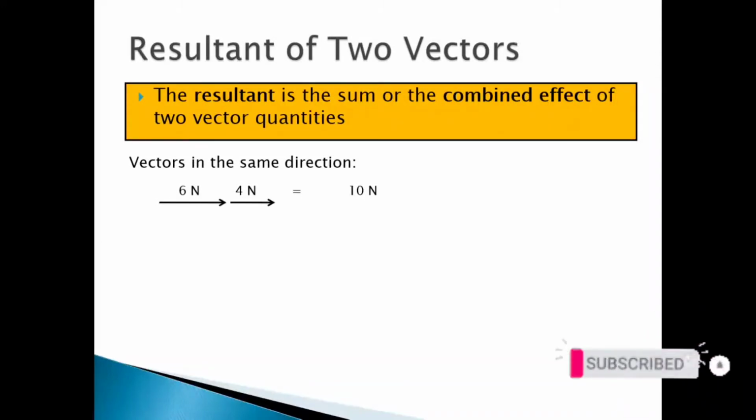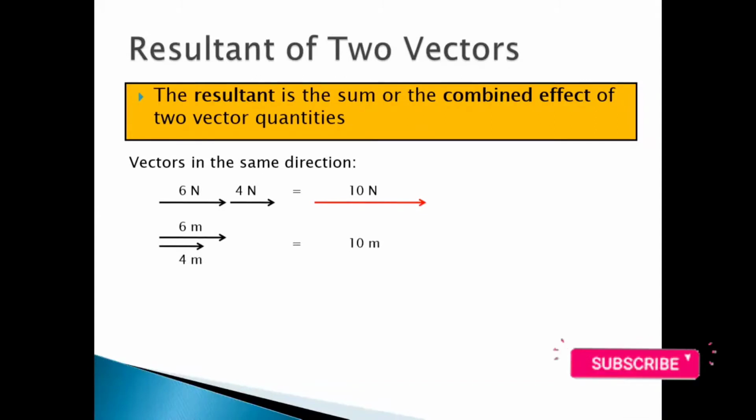If you have the same direction, your resultant vector is 10 newtons. Since you are talking about the sum or the effect, if you have 6 meters vectors and 4 meters vectors, the resultant vector is 10 as well.